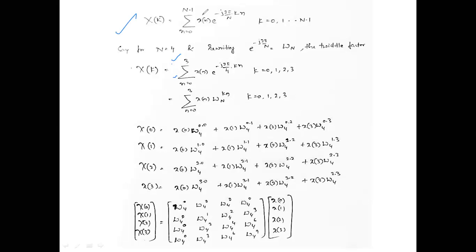You can see x of n can be real, can be imaginary, or it can be complex. But it can be broken down into some a plus jb term. Okay, and this particular twiddle factor is also complex. It can also be broken into cos theta minus j sin theta.